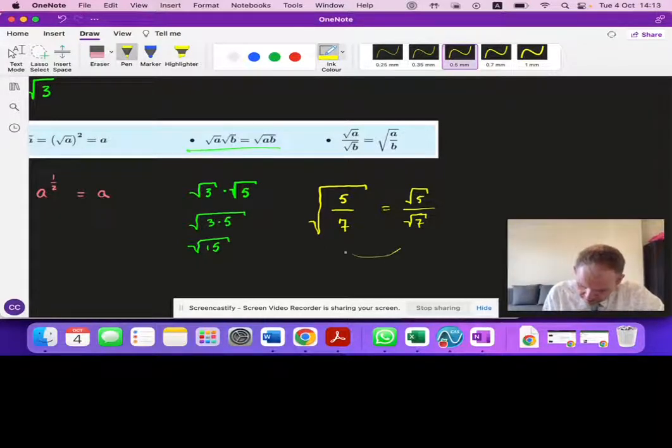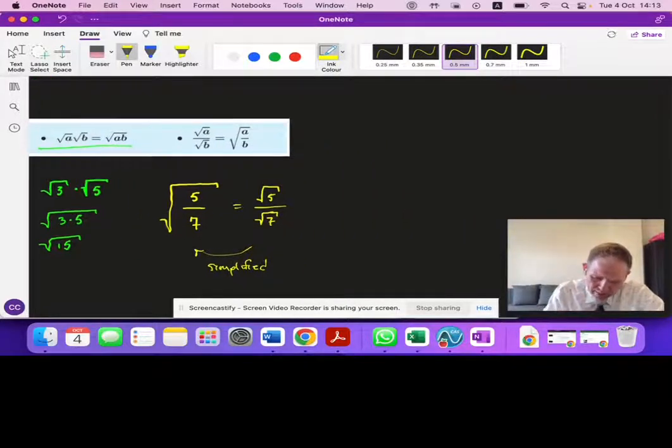Now, yes, this is the simplified form. But the reason why I say this is important is that a lot of times, when we're dealing with Pythagoras and some other things that ask us to take the square root at the end, we might end up with something like the square root of 16 over 5.